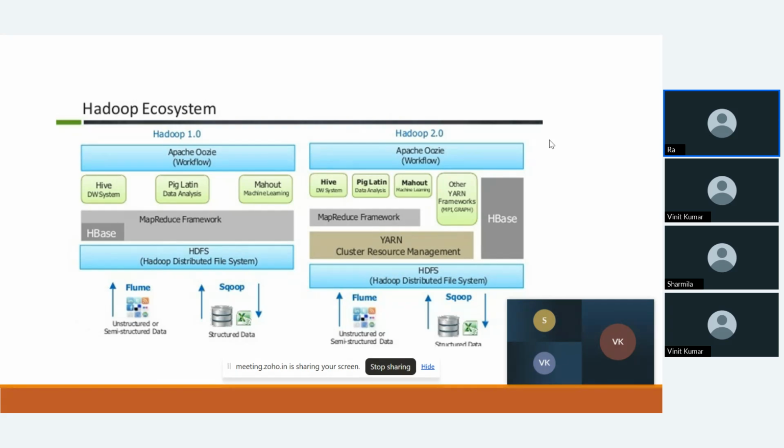Flume is mainly for unstructured data sets, whatever data we are getting from, let's say, social media, from sensors, or any of our data sources. We can use Flume, but Flume was only to get the data into the system. We cannot get the data out of the system using Flume, because through Flume we get the data in unstructured format.